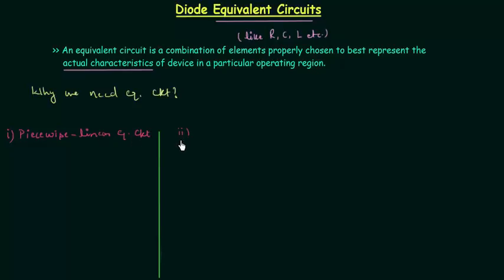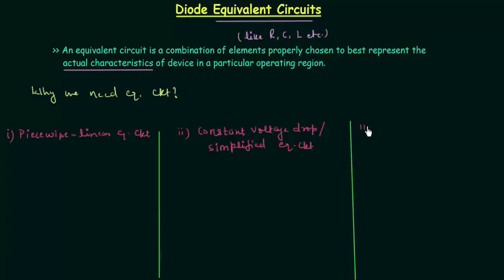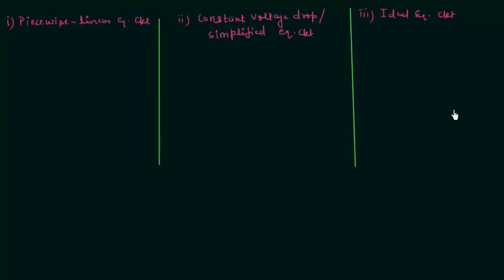The second one is the constant voltage drop, or simplified, equivalent circuit. And the third and last one is the ideal equivalent circuit. In the last lecture we have already completed the ideal equivalent circuit, and we will start with the piecewise linear equivalent circuit.